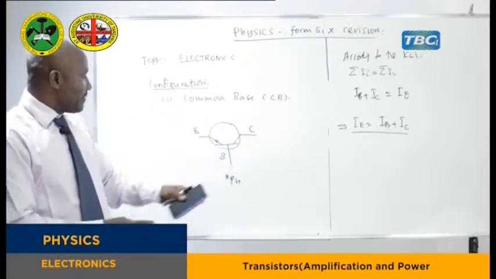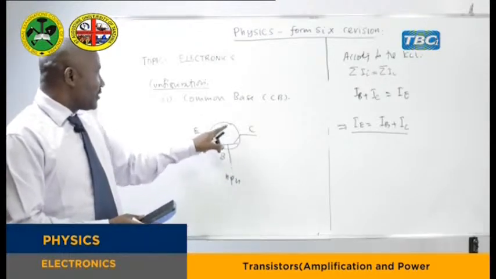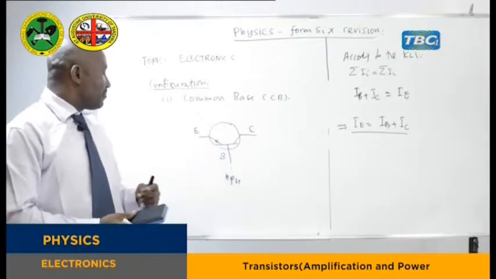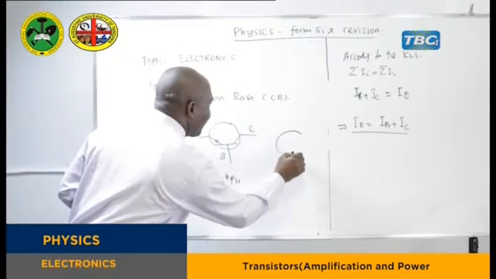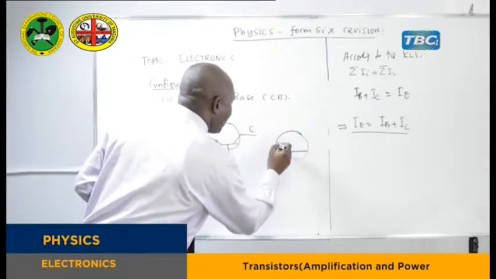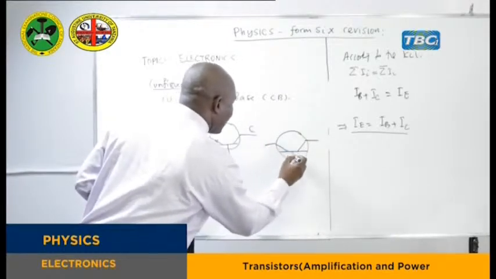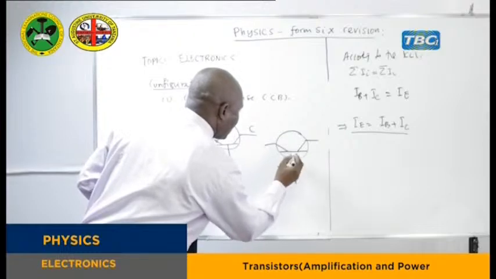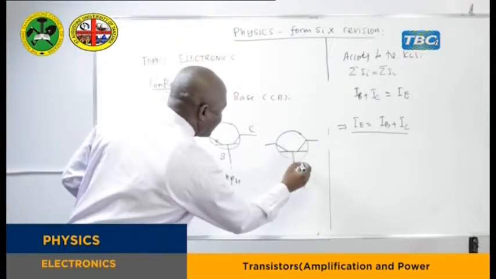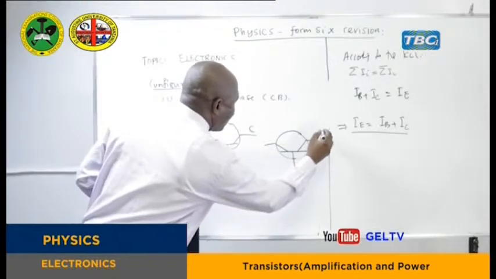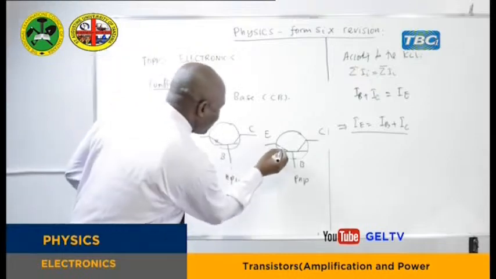So you can see here, since the base terminal is on the ground, this kind of connection of transistor is given the name NPN. Or you can use the other terminal here. This is a PNP transistor, and this is our base, this is our collector, this is our emitter, and the arrow should be pointing in.